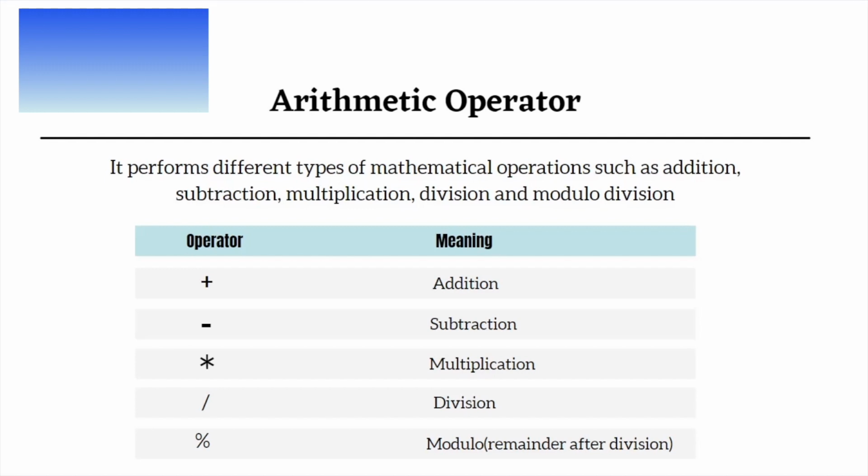Plus is for addition, minus is for subtraction, multiplication has the symbol star, forward slash is for division, and the percentage symbol is for modulo. So what is modulo? When we divide two numbers, the quotient comes under division and the remainder is modulo.